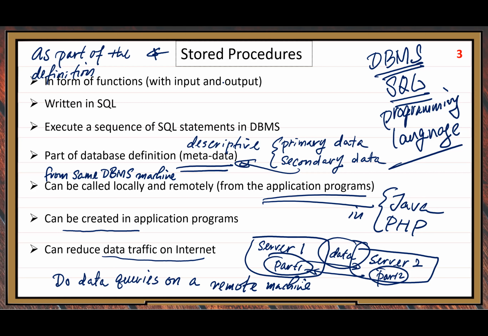That's possible, right? A sequence of queries with a large amount of data. Think about if you are on one machine, and you need to do a sequence of queries on a remote machine with a large amount of data involved. But you need to manipulate the data at your side.